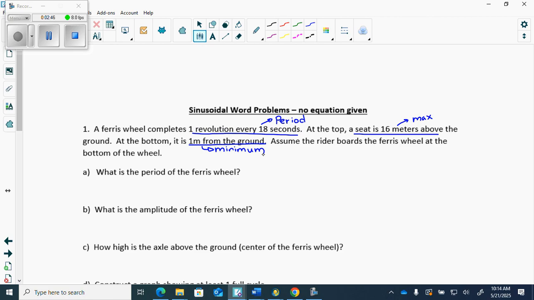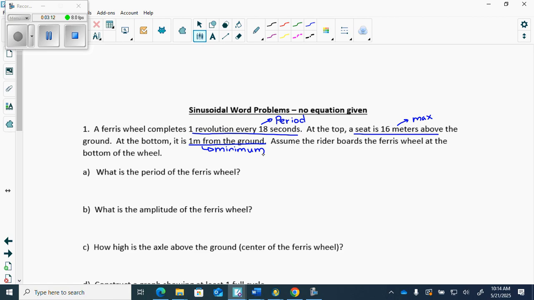For you to calculate a regression from these word problems, we need at least 5, okay? A pendulum, for example, starts at a max, goes to a min, back to a max. That covers a sinusoidal regression as well, and it has to be the same periodic function. If it does that, it can cover a sinusoidal curve.